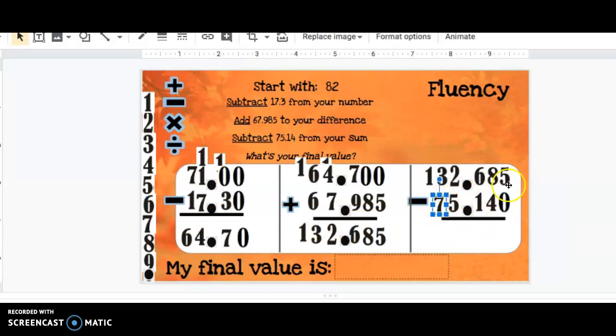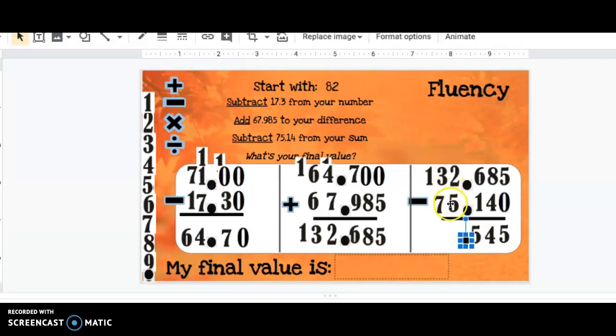So before I start subtracting, I need to drop that decimal like it's hot. So I drop it down. And I begin subtracting. 5 minus 0, 5. 8 minus 4, 4. 6 minus 1 is 5. I'll move the decimal point up.